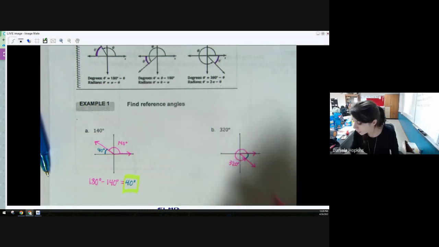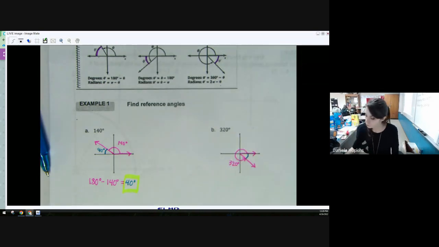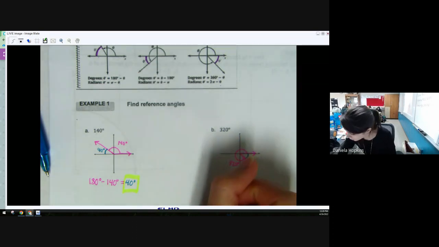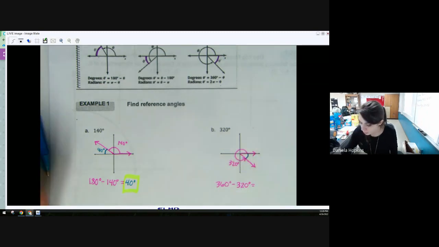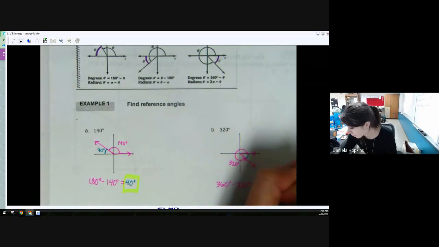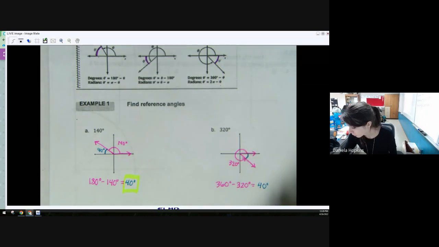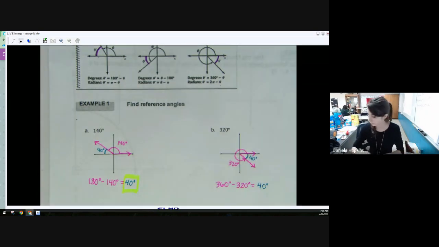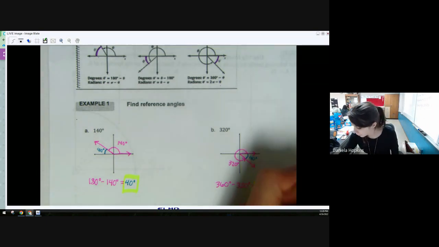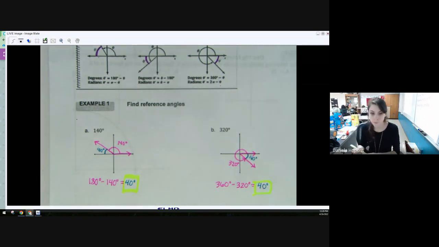I ended up in quadrant 4, so the rule is that you just take 360 minus my 320. And we end up with actually the same reference angle of 40 degrees. So strangely, we got the same reference angle for a different initial angle. Pretty straightforward so far, right? Any questions so far?